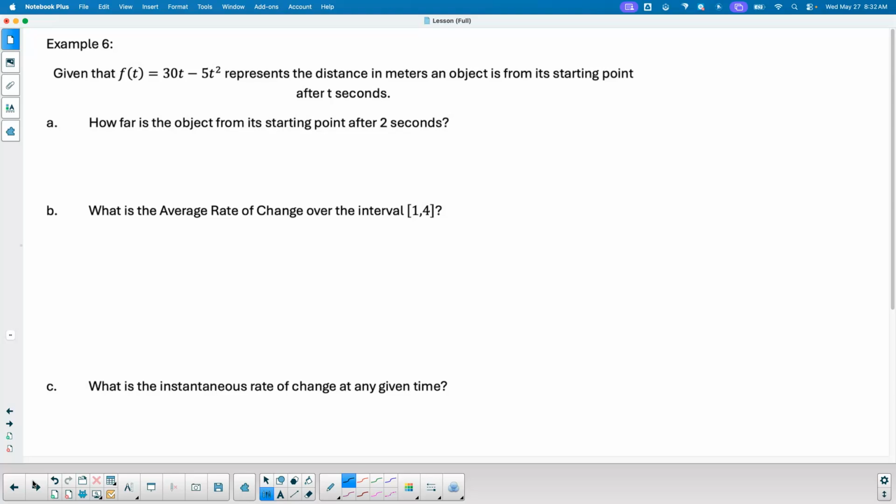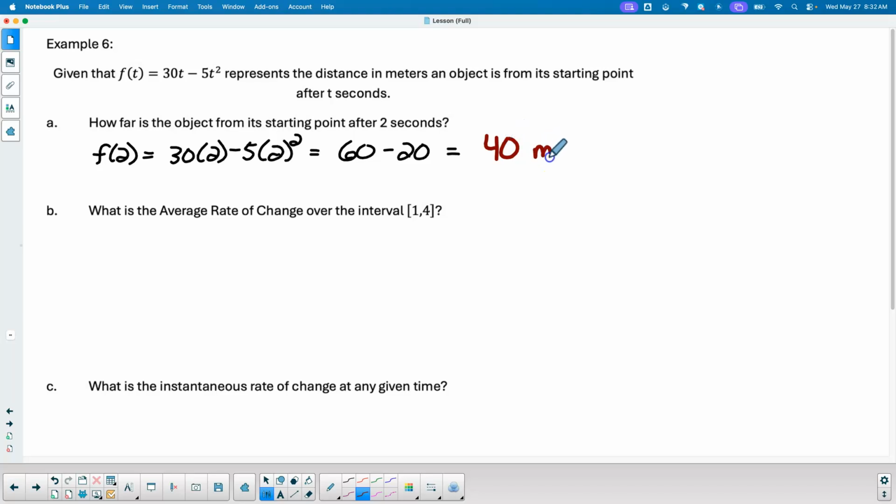So doing nothing but finding f of 2. 30 times 2 is 60. 2 squared is 4 times 5 is 20. So I get that the object is 40 meters away. Do we concur?